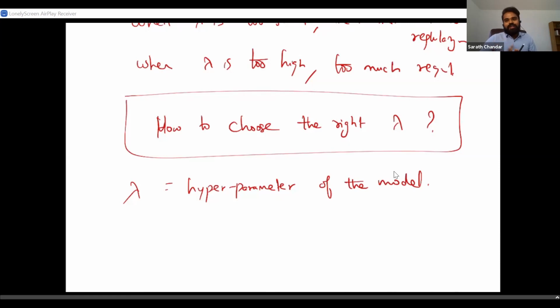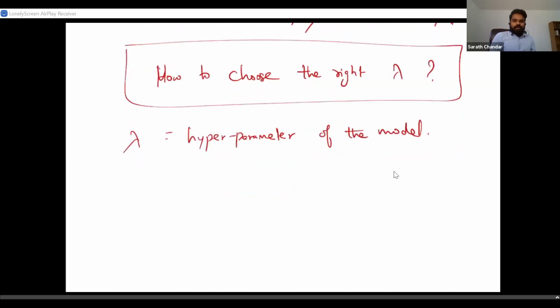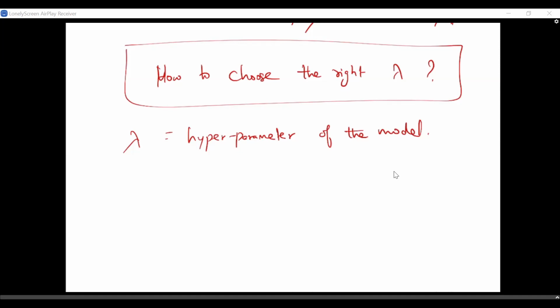I will come to that very soon. And what's the difference between a parameter and a hyperparameter? That is what we are going to see now.